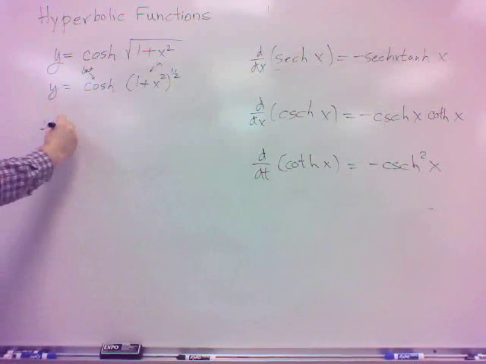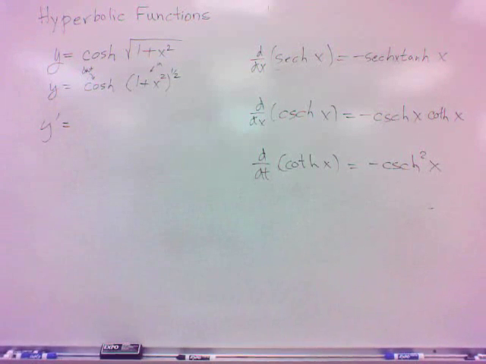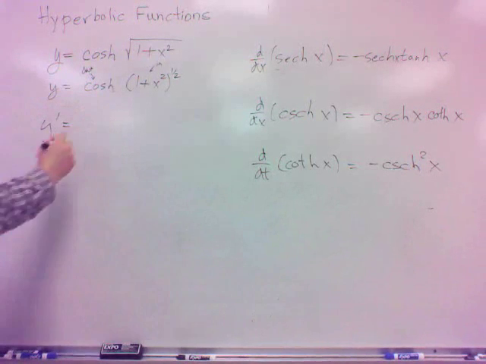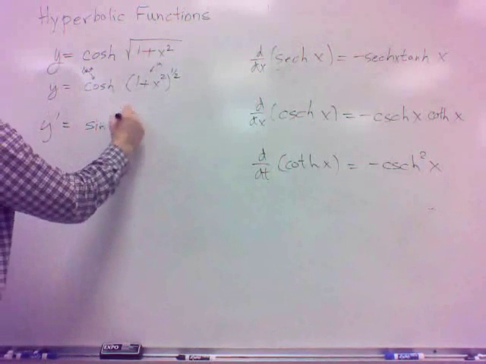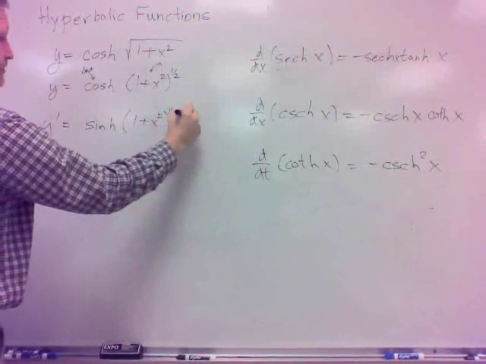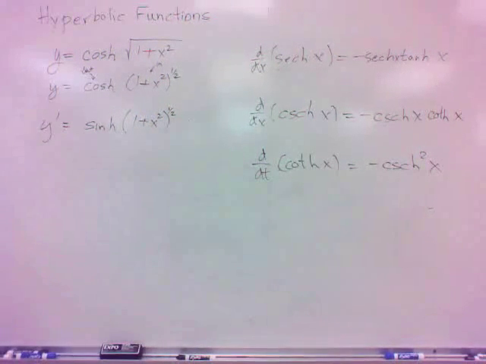Okay, so the derivative of the outside, well, there's my cosh. The derivative of cosh is sinh. So it would be sinh, the inside stays the same, so this would be sinh of 1 plus x squared to the 1/2.